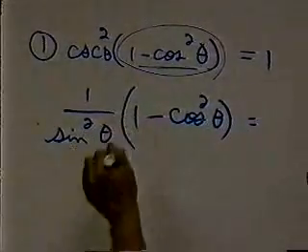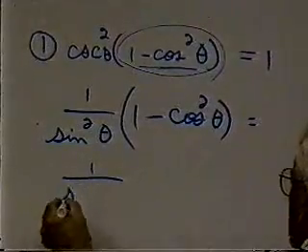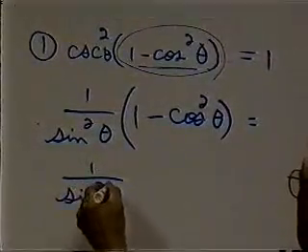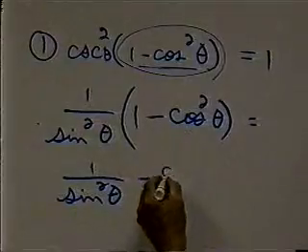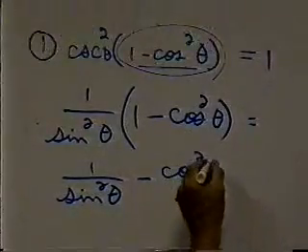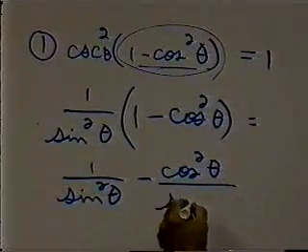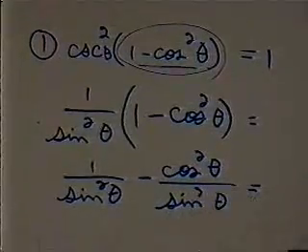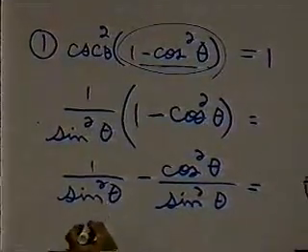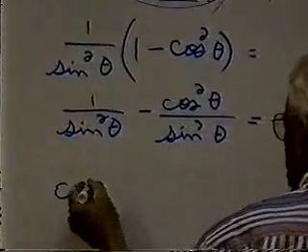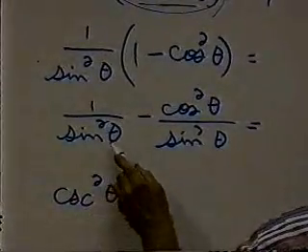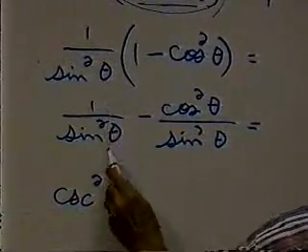Well, this times 1 is 1 over sine squared. And this times that is cosine squared over sine squared.